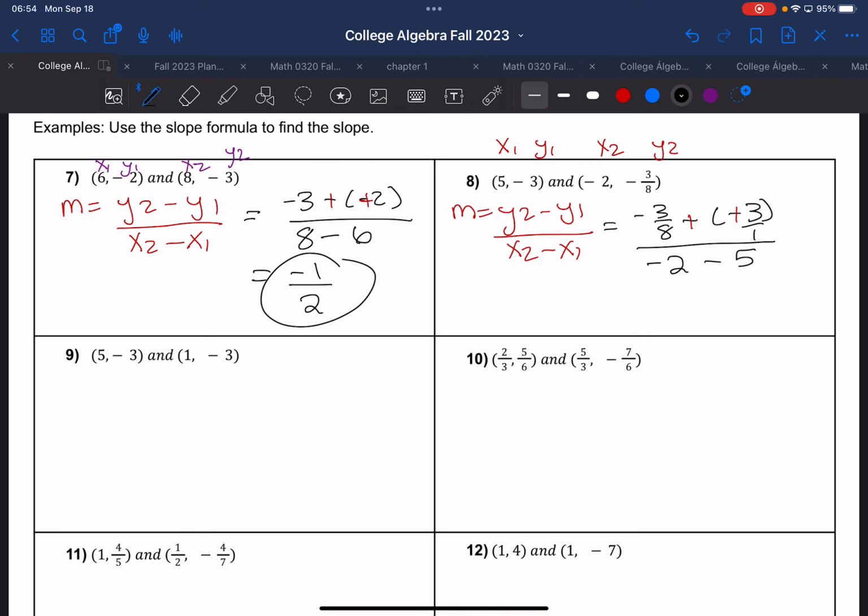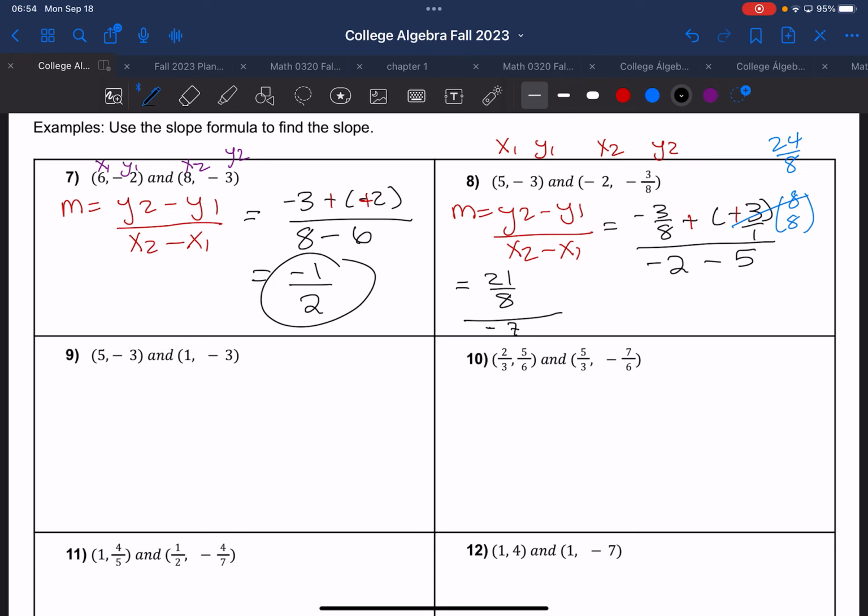This is going to give me 24 over 8. Now I have negative 3 plus 24, which is 21 over 8, and that's just my numerator. And then simplifying my denominator, negative 2 minus 5 is negative 7.